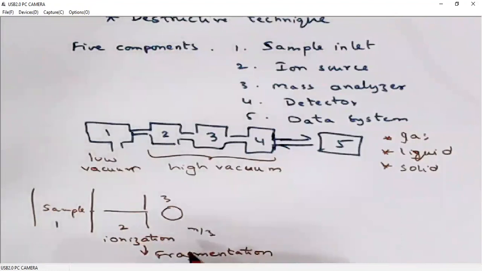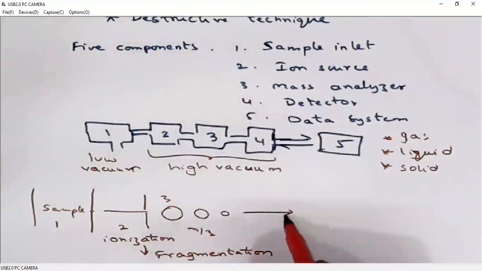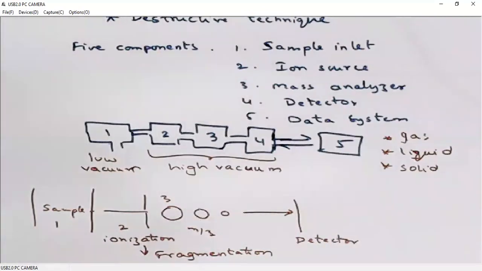As we all know, high mass compounds will move very slowly, whereas low mass compounds will move very fast. So low mass ions will move fast, then high mass, then still higher mass. So in the analyzer, these ions are separated according to their mass to charge ratio values. Then they will reach the detector. The detector will detect the signals and give the information to the computer.